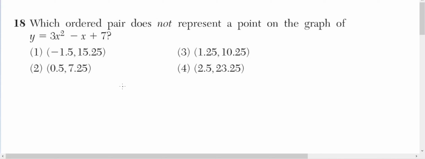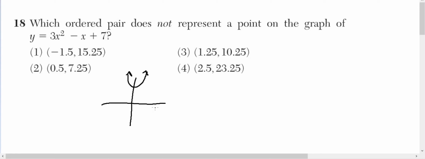So plugging this into the calculator, we have y equals 3x squared minus x plus 7. And then pressing graph, I get a sketch looking basically like this, centered at the origin and going off into infinity in these directions. So it's concave up.